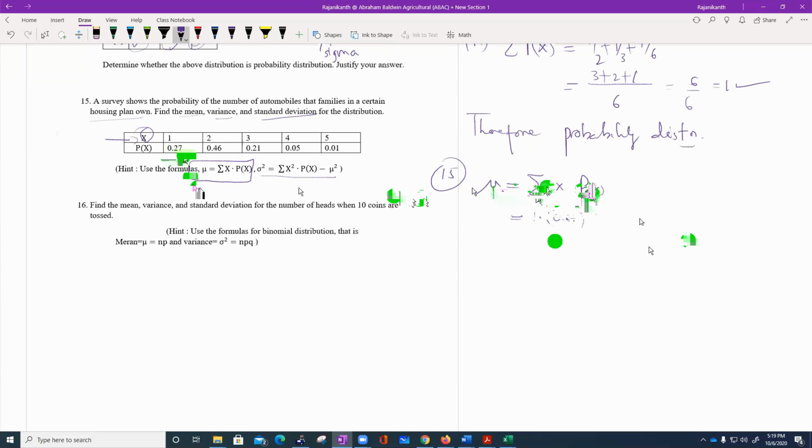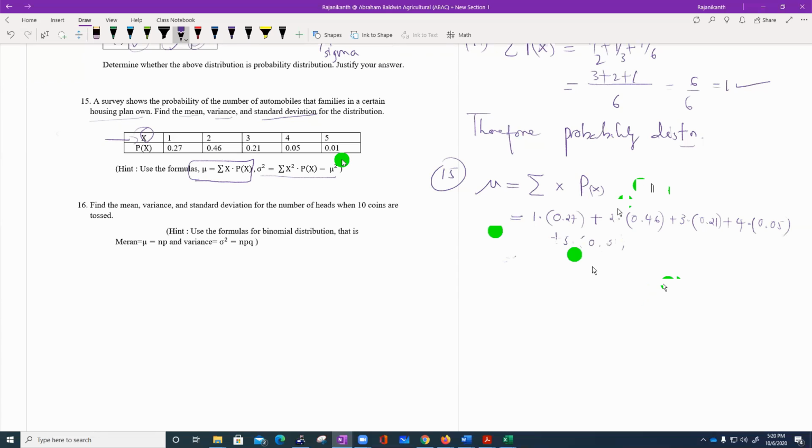Summation means keep on adding. Now take the second value, which is 2, multiply with its corresponding probability, 0.46, and so on. 3 times its probability 0.21, plus 4 times its probability 0.05, plus 5 times its probability 0.01.